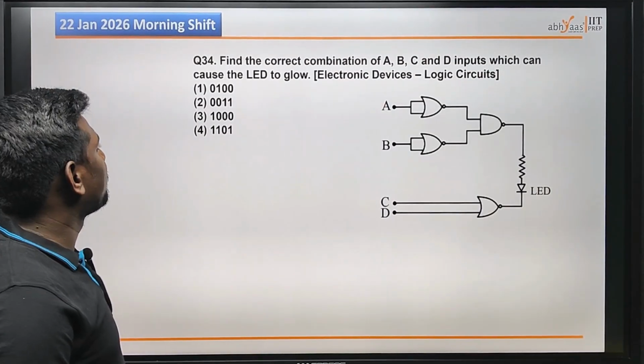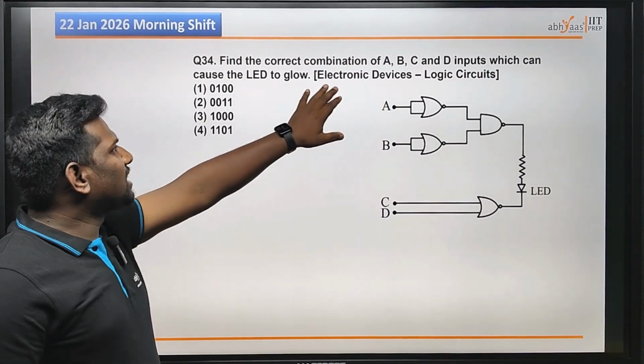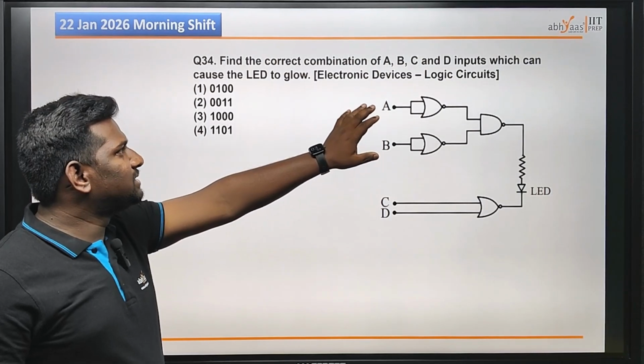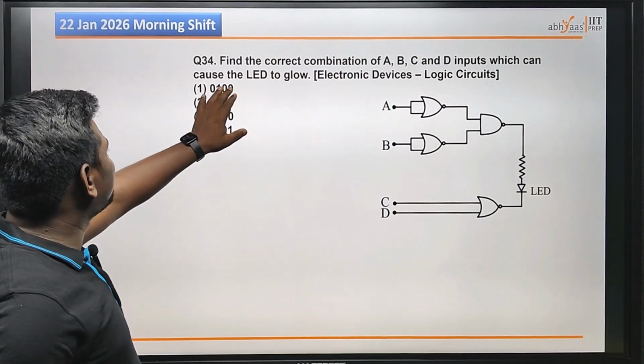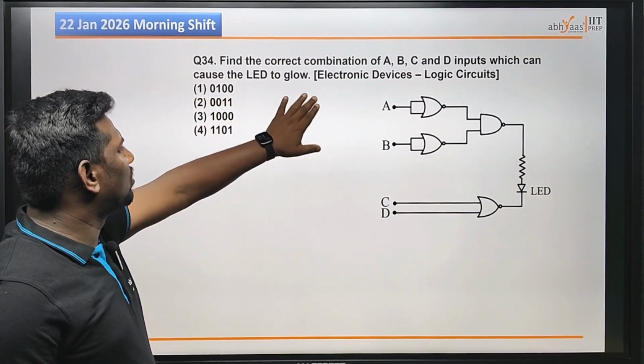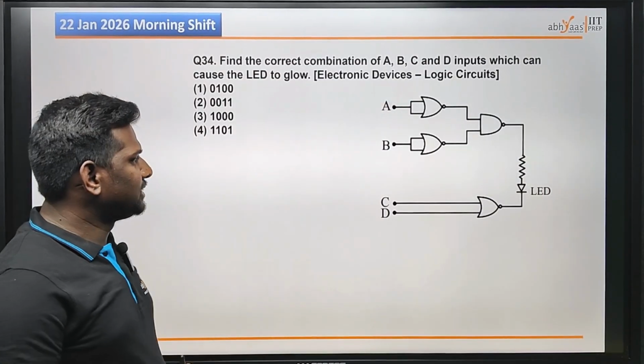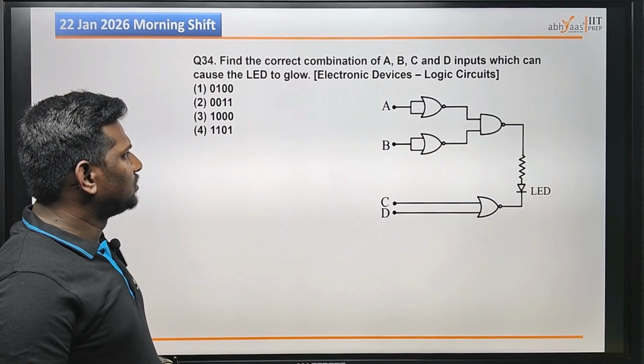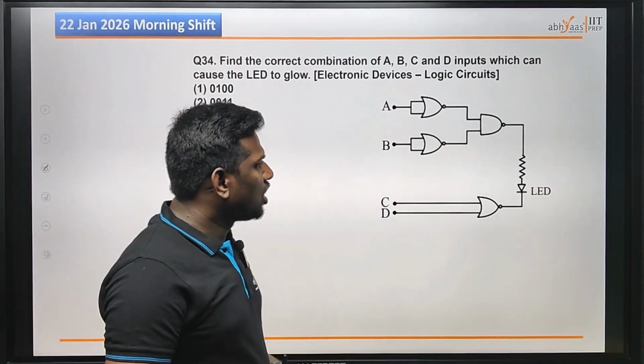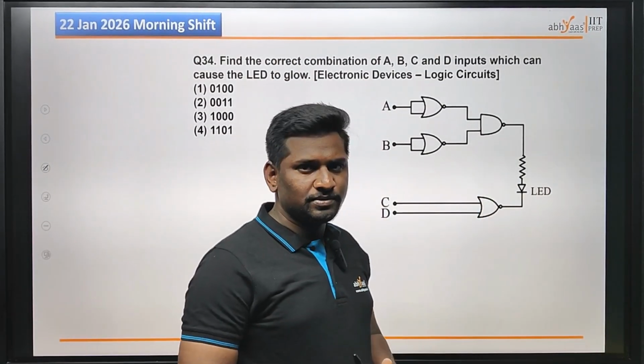So next one, see here. Find the correct combination of A, B, C, D inputs which can cause LED to glow. So this is from electronic devices, logic gates. So how will the LED glow?